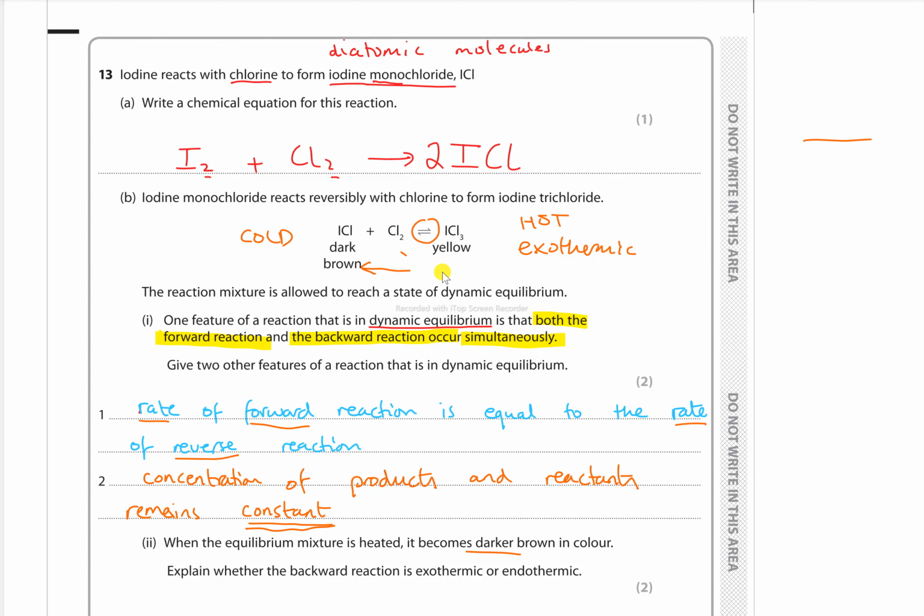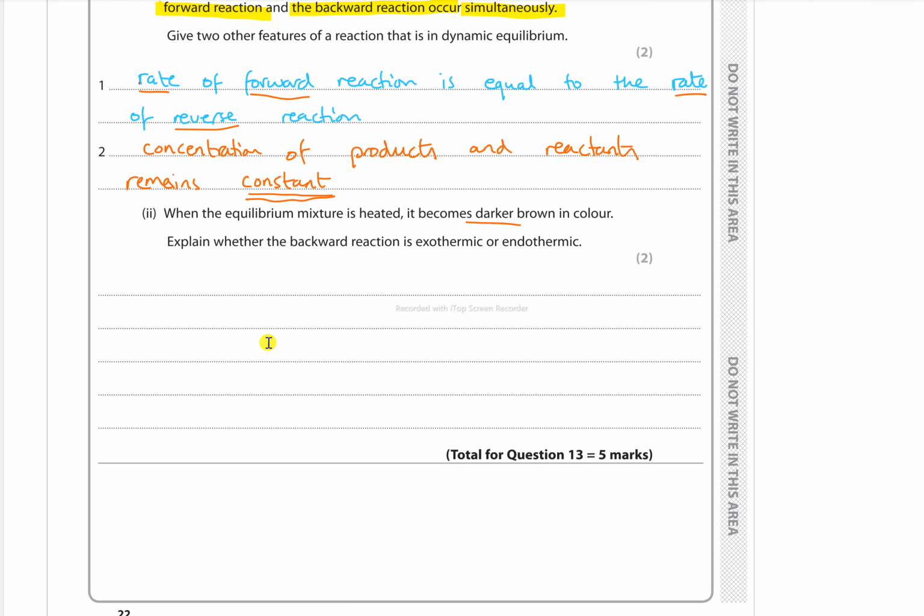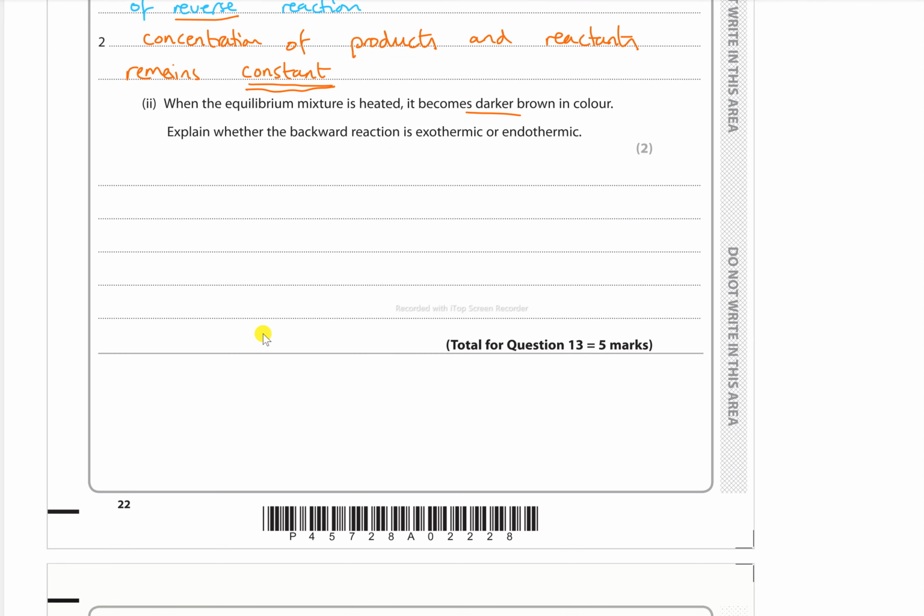Remember that equilibrium, forward half arrow, backward half arrow in the opposite direction, will shift that way because it becomes darker. So it's a 2 marker. We say the equilibrium has shifted backwards. So let's just say shifted left to the reactant side.